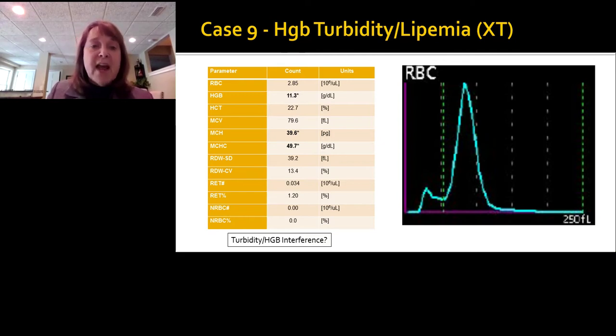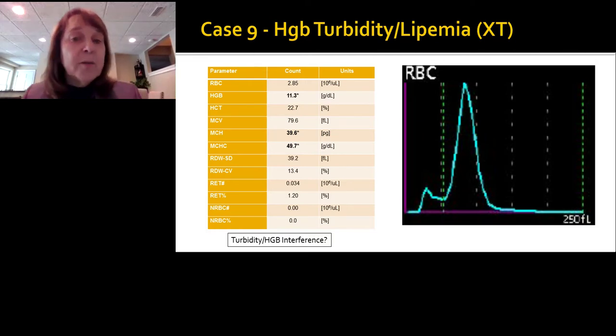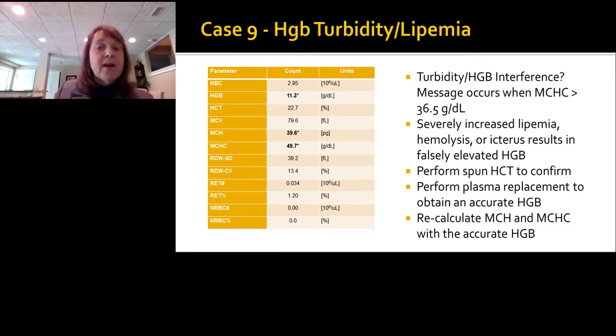So we have a mismatch between hemoglobin and hematocrit. Fortunately, the analyzer does indeed flag turbidity, hemoglobin interference, whenever MCHC is greater than 36.5. It is then up to us to evaluate what that reason is. Is it lipemia? Is it hemolysis? Is it icterus? What is falsely elevating the hemoglobin?